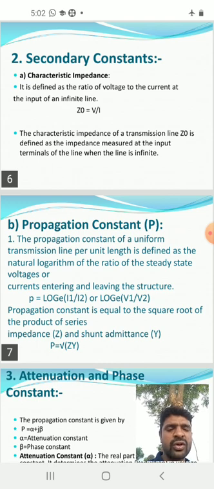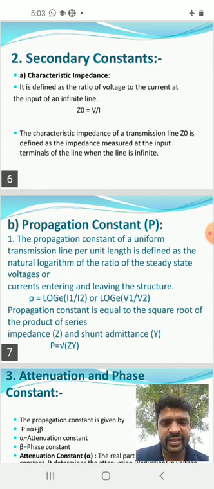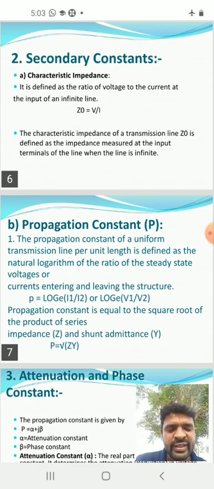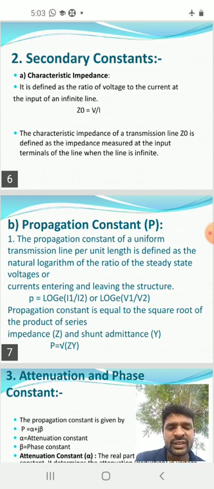P equals log e of I1 by I2, or log e of V1 by V2, where log e is the natural logarithm, I1 is the entering current, I2 is the leaving current, V1 is the entering voltage, and V2 is the leaving voltage. Another definition for propagation constant: it is the square root of the product of series impedance and shunt admittance. That means P equals square root of Z into Y, where Z is the series impedance and Y is the shunt admittance.